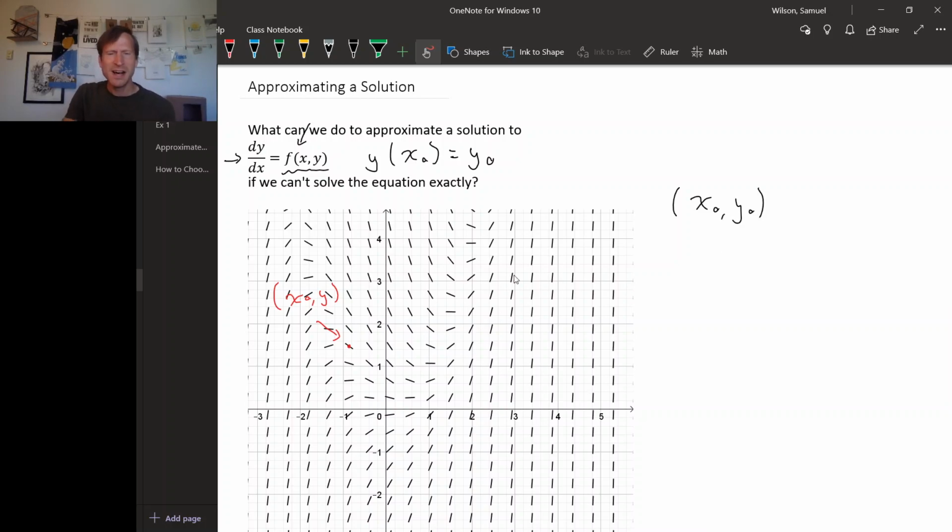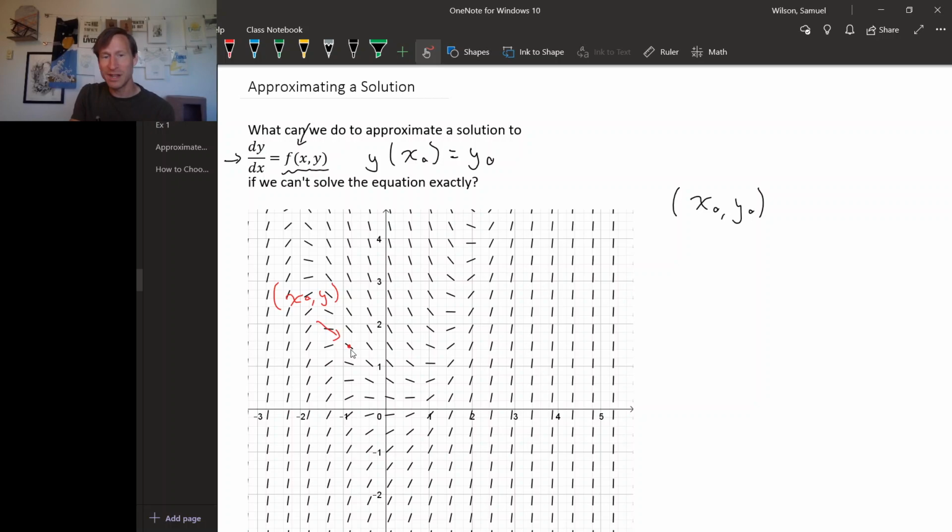Now, what does the slope field tell us about the solution that goes through this point? Remember, a slope field gives you geometric information about a solution to a first-order equation because every solution to the equation is tangent to any of these little line elements that it touches.